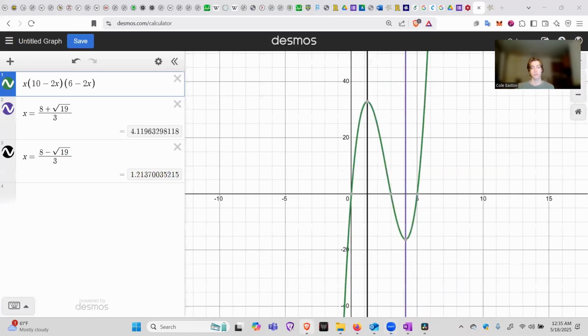Because if we think about our graph here, the maximum occurs when the function is concave down, and the minimum occurs when the function is concave up. So in order for the root to represent a maximum, the function has to be concave down, which means that the second derivative has to be negative.